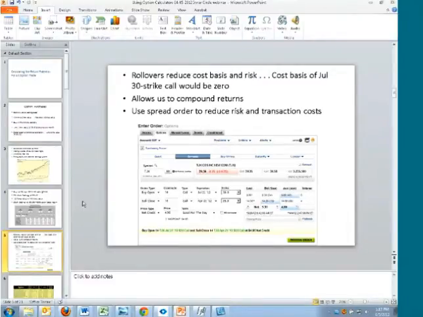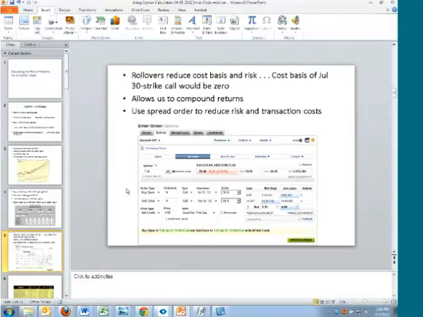And I like to use option spread orders in my accounts when I'm rolling over an option. If you use a spread order, you can reduce your transaction costs, and you can reduce your commission and the transaction costs between the bid and the ask price for these options.